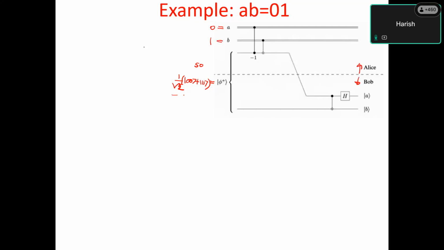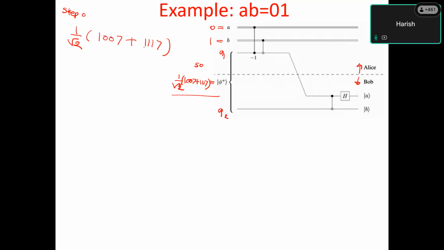So this pair is there. Let's call it qubit 1 and qubit 2. So initially at step 0 we have phi plus, or the state is like this. Simply I'm writing that 0 0 plus 1 1.